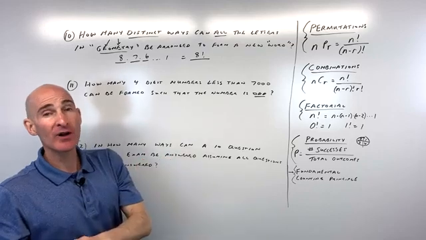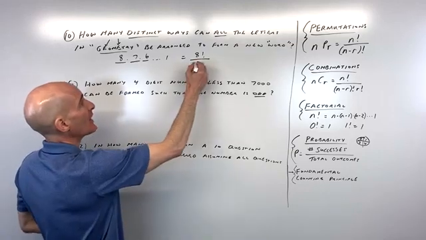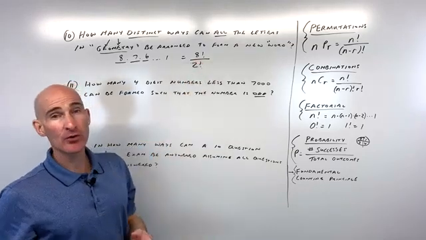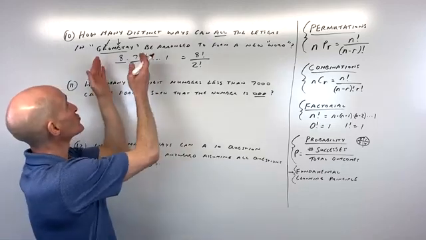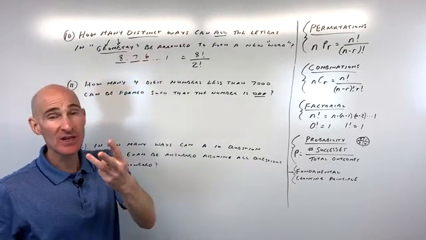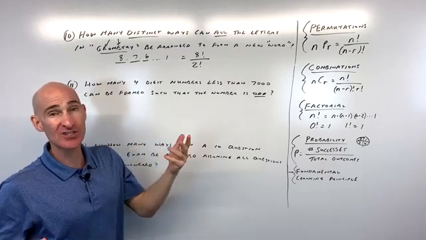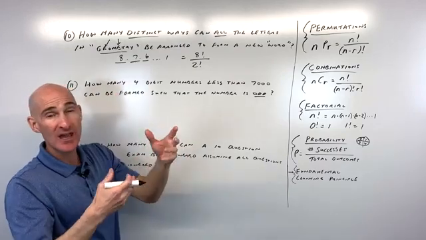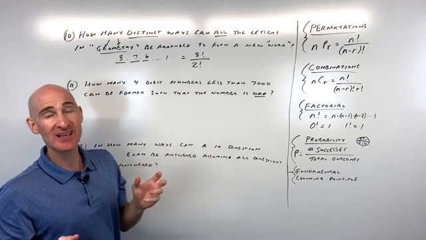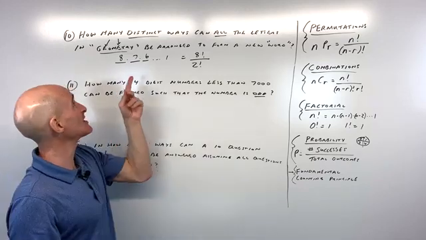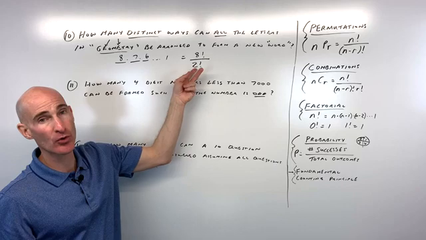To avoid double counting, we have to divide by 2 factorial. Now 2 factorial is just 2 times 1, which is 2, because there's 2 different ways. If there were 3 E's, we would divide by 3 factorial, which is 3 times 2 times 1, which is 6. There would be 6 different ways that you could arrange those 3 E's but it would still look like the same word. But in this case, there's just two E's, so we're dividing by 2 factorial.